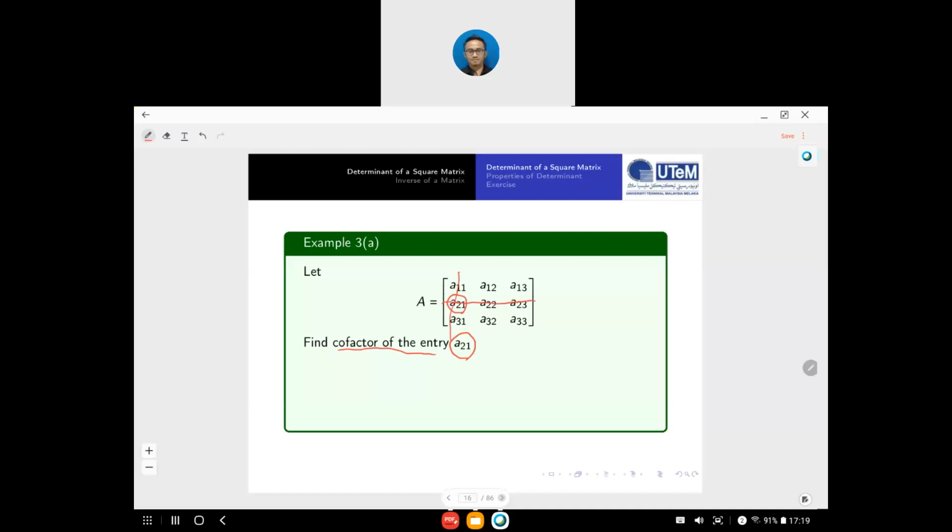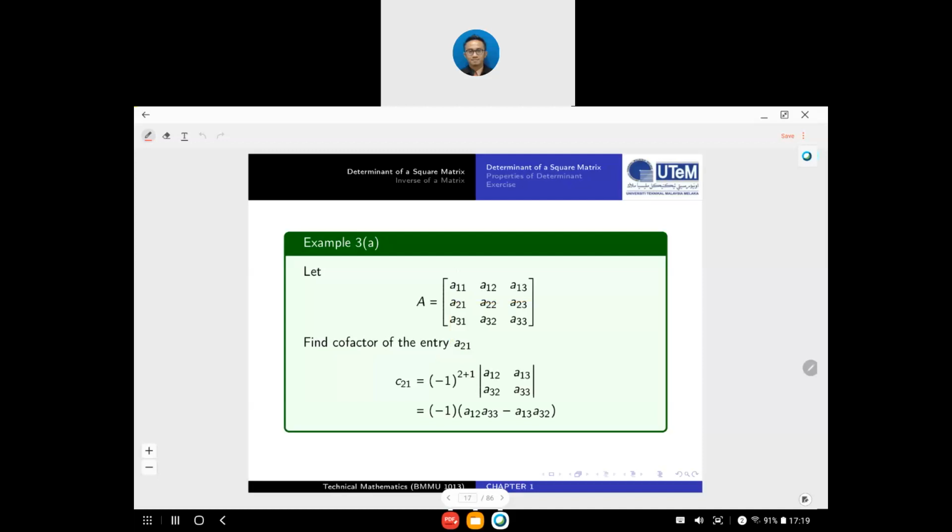So it becomes cofactor 2, 1. Negative 1 is the formula, the power of 2 plus 1. And then the rest of the elements inside here, we can get A12, A13, A32, A33. So negative 1 the power of 3.